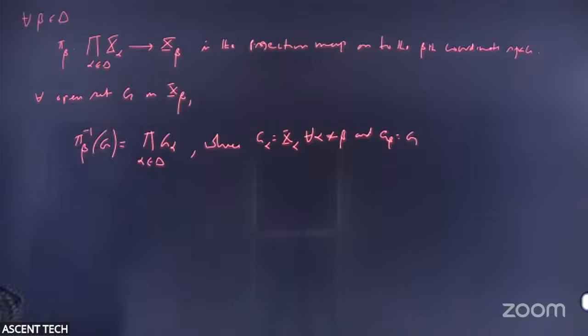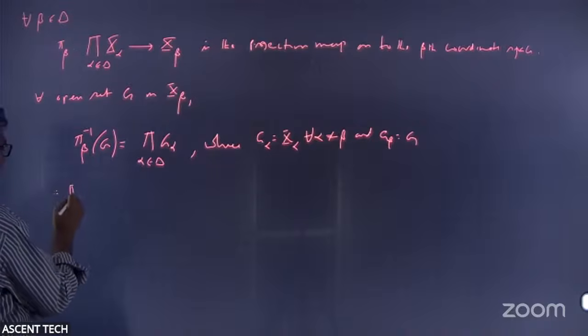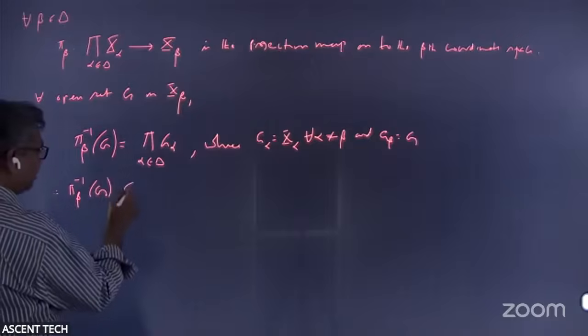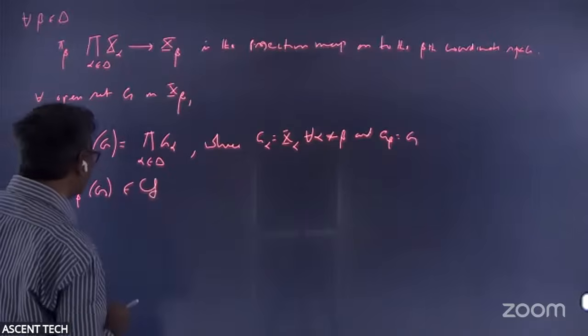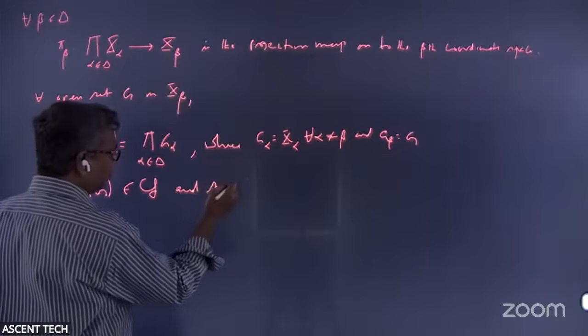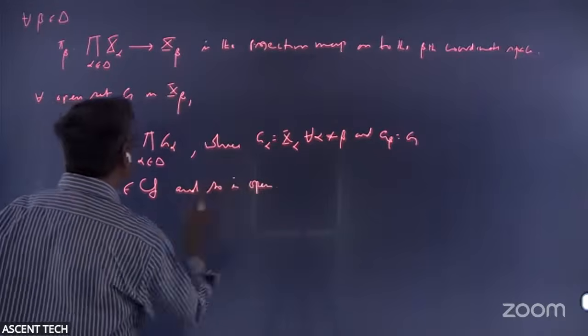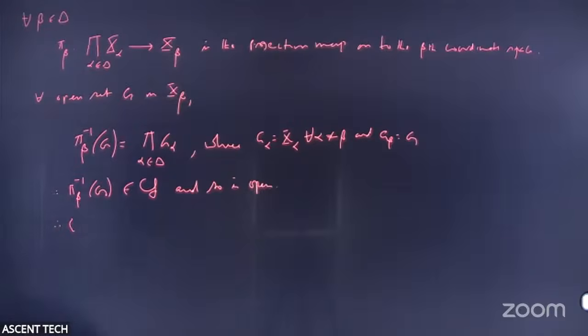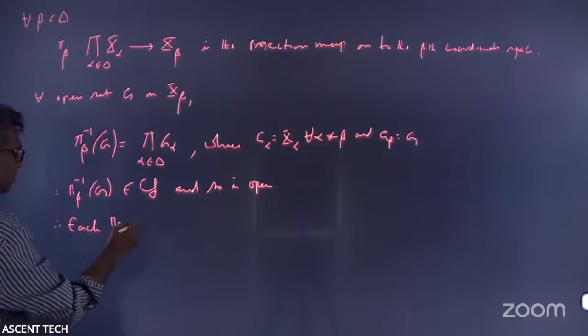This is a basic open set. So therefore pi beta inverse G is open. Therefore each projection pi beta is continuous.